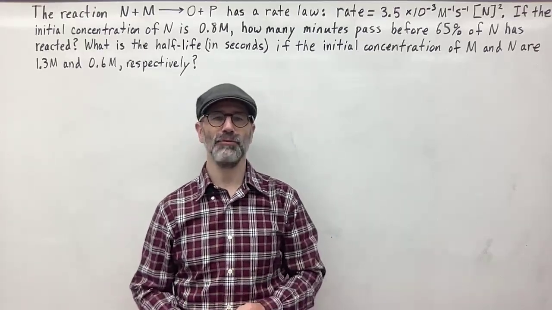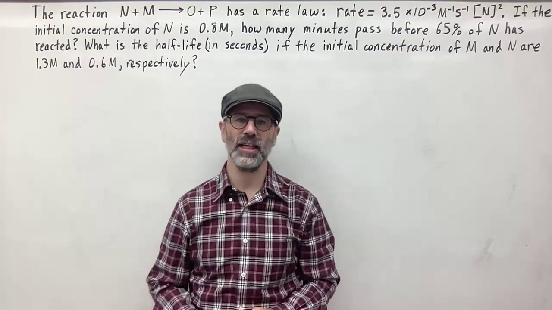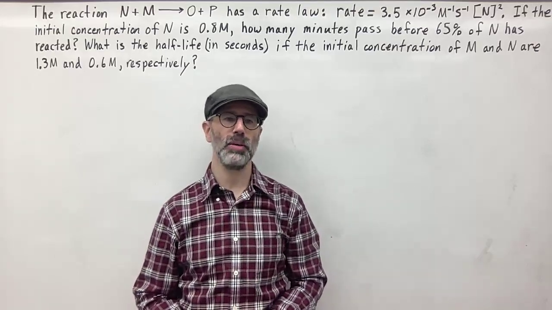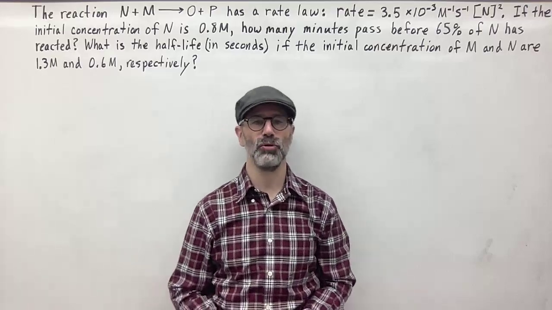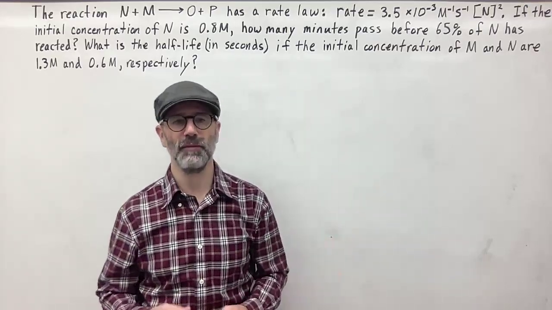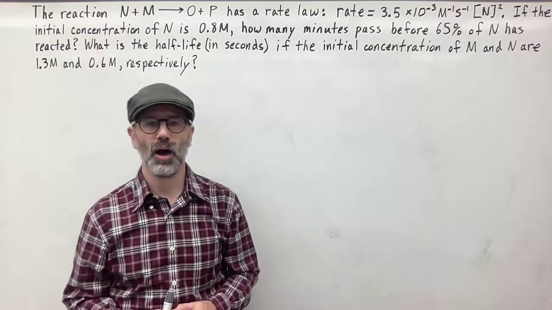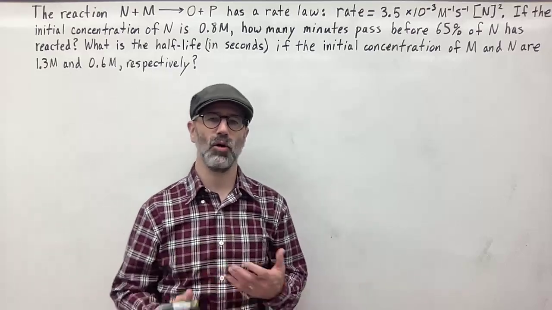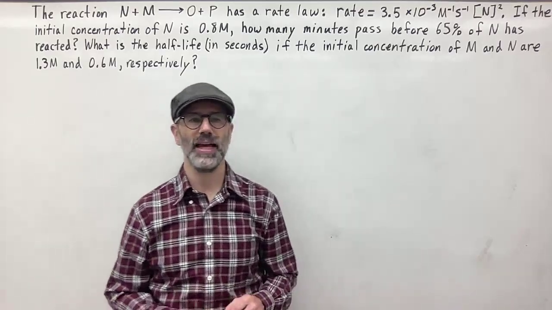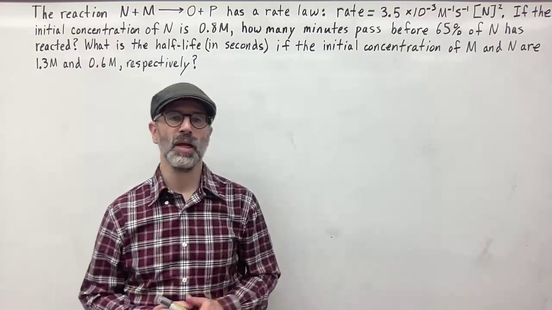And what is the half-life in seconds if the initial concentrations of M and N are 1.3 molar and 0.6 molar respectively? Okay, so let's start with the first part, which is how many minutes will pass for 65% of N to react.